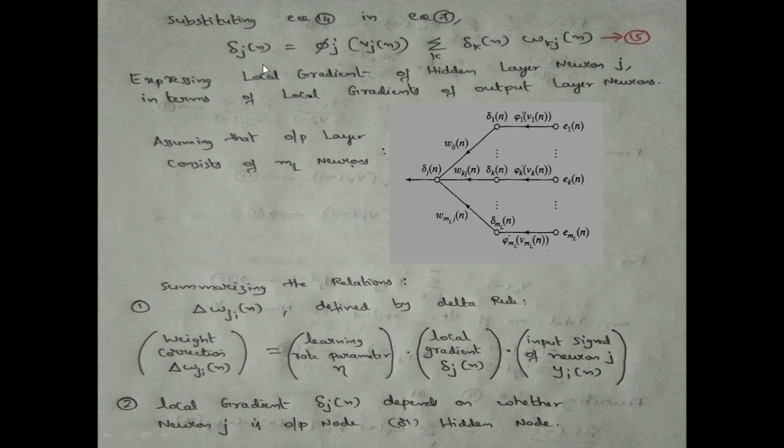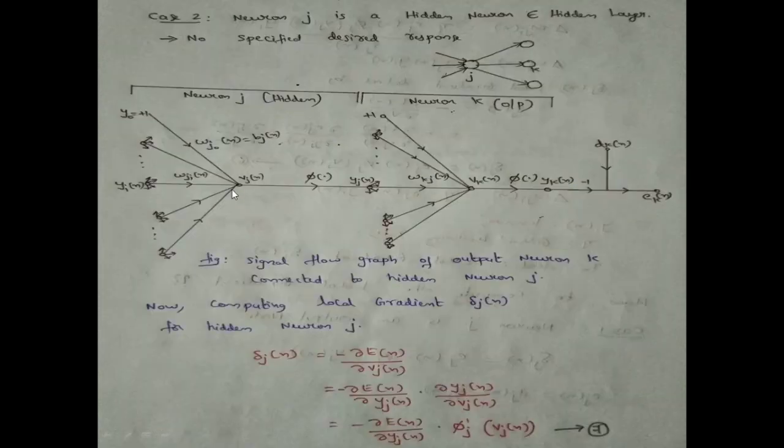Now if you observe here, we are expressing the local gradient, that is delta j(n) of the hidden layer neuron j, in terms of the local gradient of the output layer neuron k. In the starting, we told that in the diagram, the local gradient value of this neuron j is in terms of the local gradient of the output layer neurons.